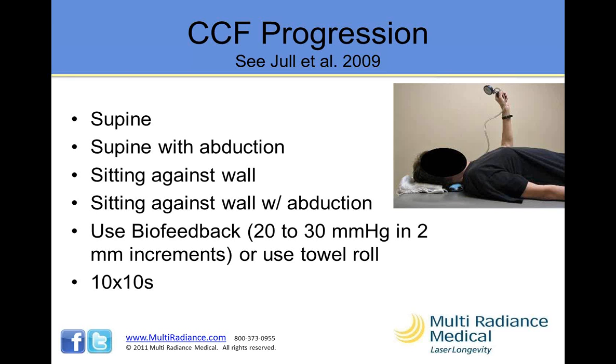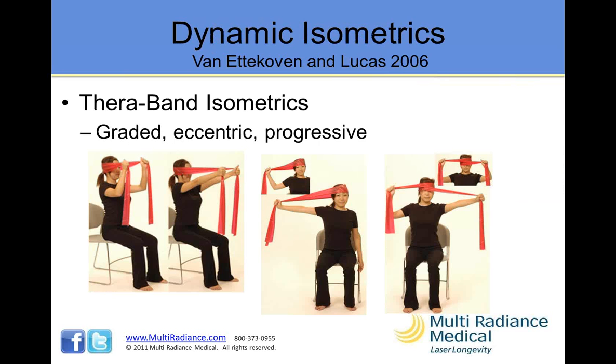Or you can use a simple towel roll. You won't get the visual biofeedback, but it may be an effective way to tell the patient exactly what they're trying to do. We progress the patient from a supine position to supine with shoulder abduction, sitting against the wall, and then sitting against the wall performing abduction while they maintain this chin tuck, holding 10 seconds for 10 repetitions.